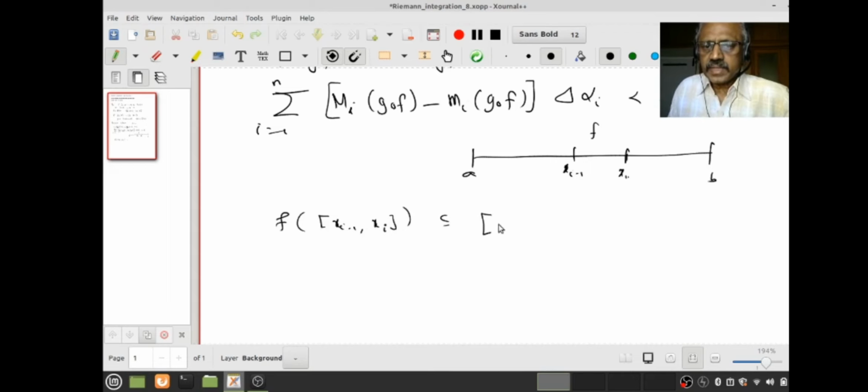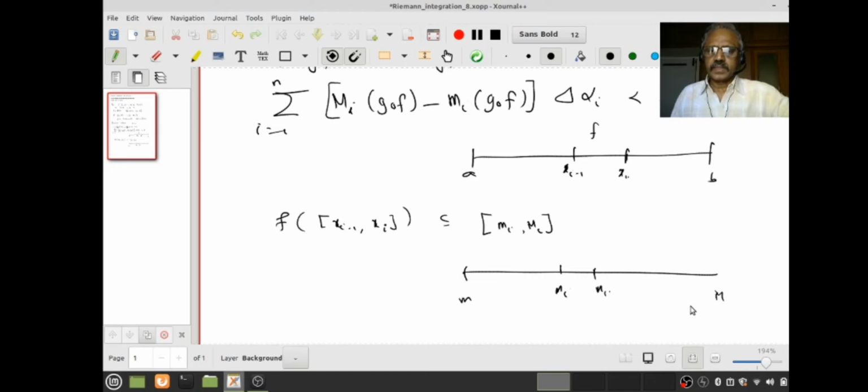Do you understand? Because for any t in this interval, f of t will be greater than or equal to mi and less than or equal to capital Mi. Therefore, this will be a part of this thing, this will be your little m and capital M.